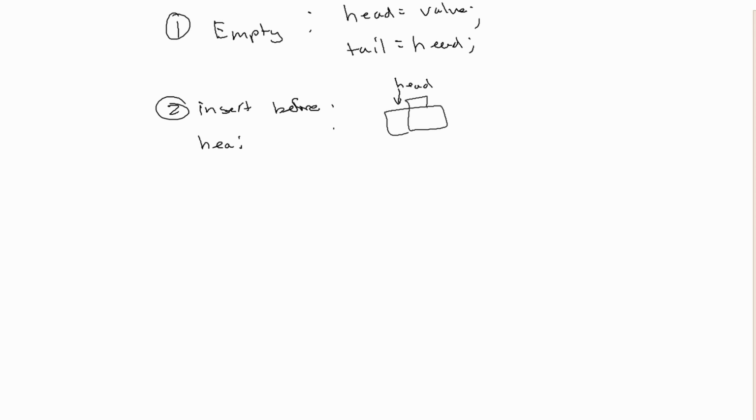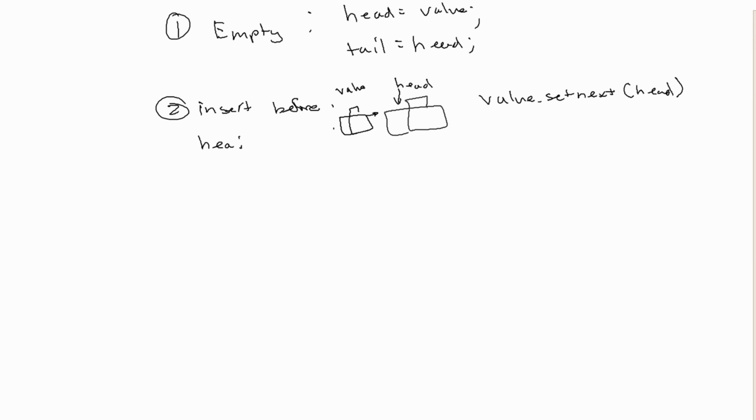Now we are going to want to insert a node right here, and so to do this, what we're going to want to do is we are going to take whatever value we make, and we are going to set the next value to head. So this is going to be our value, and to link this, to make a link, we have to set it to head. So value dot set next, because we're setting the next thing to the head.